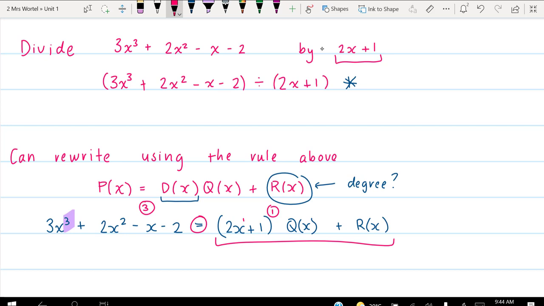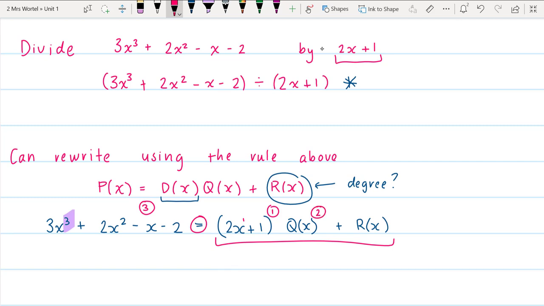Thinking back to index laws, when I multiply two things together, the powers add. So my quotient must be a quadratic. It must have a power of 2. In order to get a cubic, I need to multiply a quadratic and a linear together. So I know my quotient has to be a quadratic.